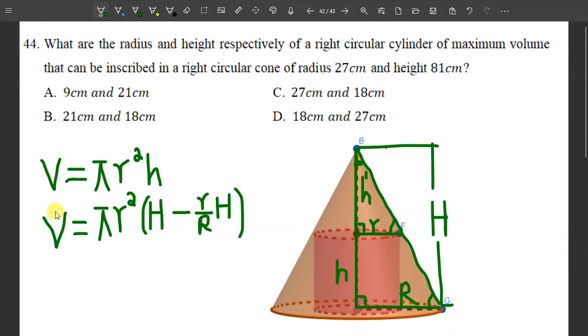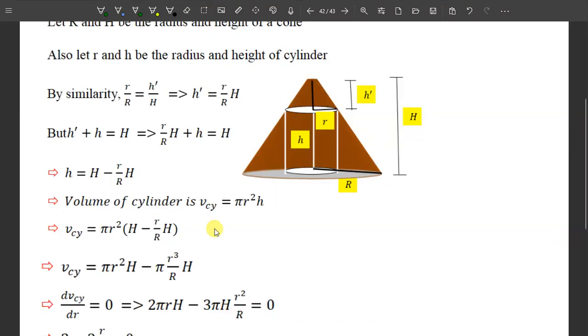I have already done the result, and let us see it together. Okay, now let's see the derivative.